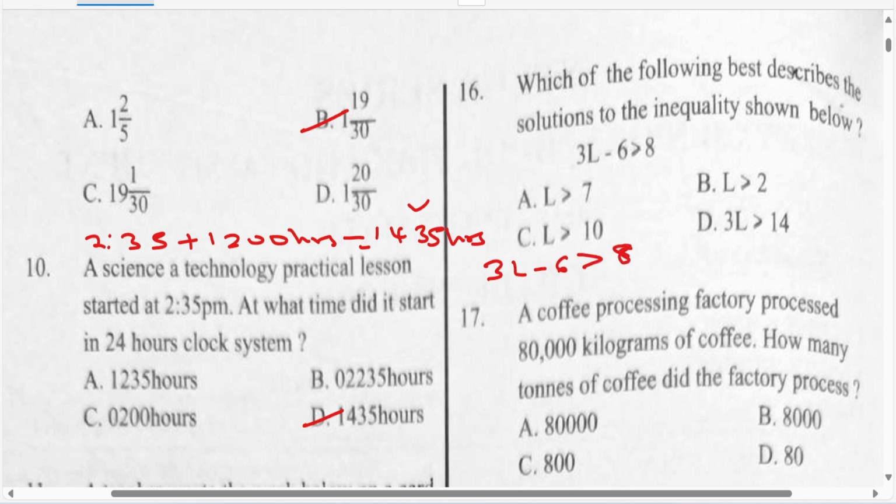Negative 6 peleka the other side. So basically you're just adding 6 and 8 here. So at the end of the day, your answer will be 3L is greater than 8 plus 6, which is 14. Now, I can divide by 3 for me to get L, but the answer to that solution won't be available in the choices that are given.